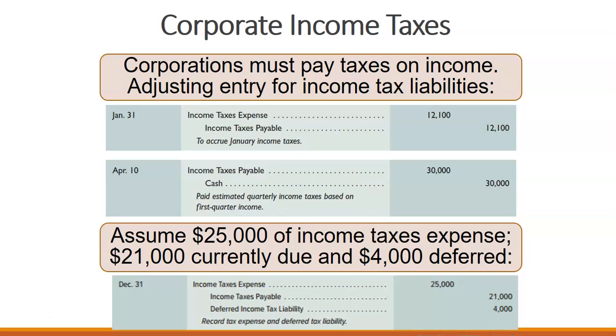So quarterly taxes are due in January, April, October, then it must be July for quarterly estimates that are due.